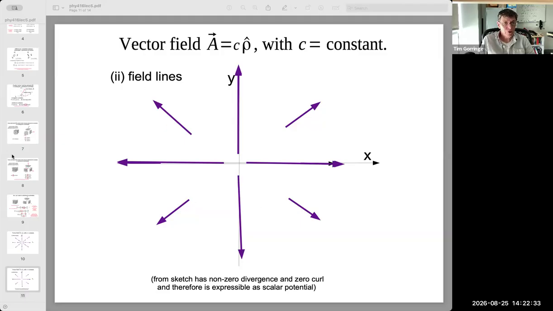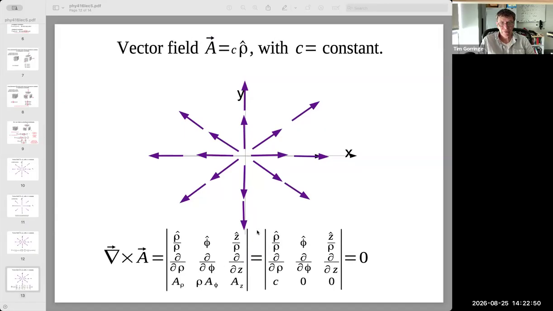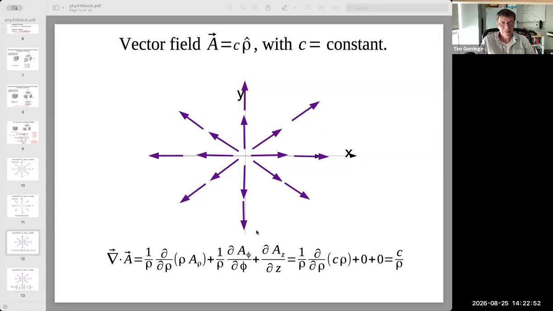If we go on to the next two slides, just to wrap up here today, I'm going to show you what the curl and the divergence of this particular vector field is. This is an evaluation of the divergence, and on the next slide, I'll be evaluating the curl. Sorry, I've got vector calculus dyslexia.